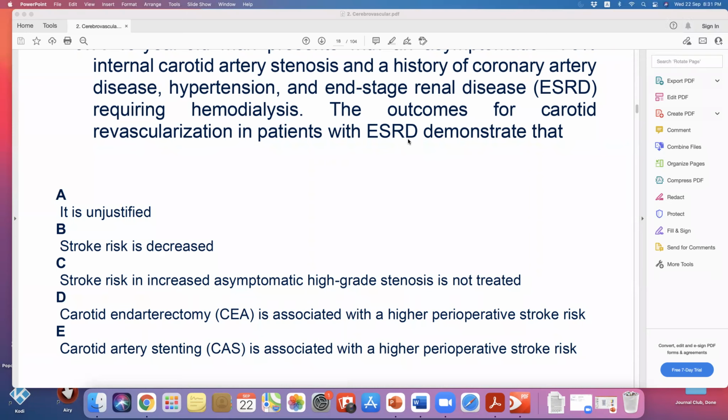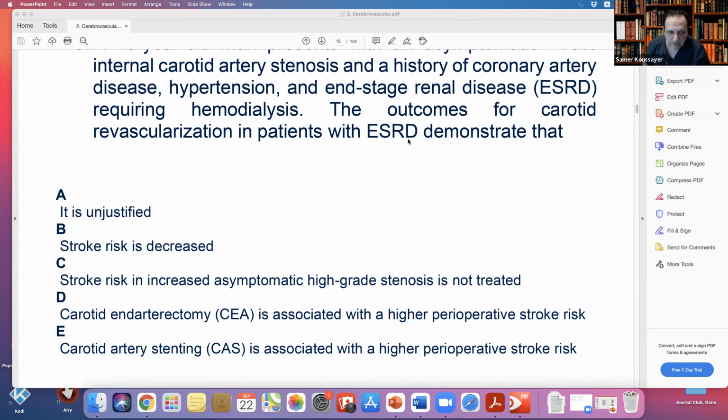Carotid endarterectomy is associated with higher perioperative stroke risk. Carotid artery stenting is associated with a higher perioperative stroke risk. So what they want to tell you is that first, surgery and stent, the perioperative stroke risk is the same, doesn't matter. So this will not increase your incidence of stroke.